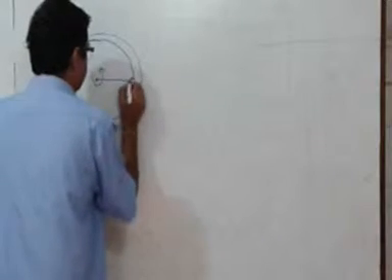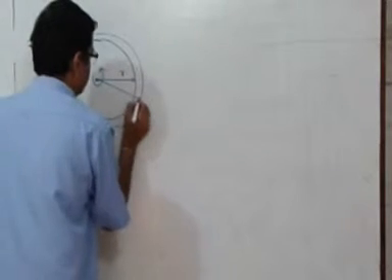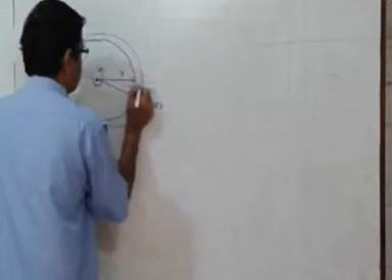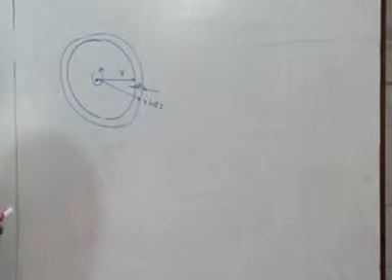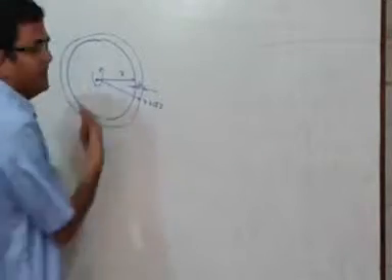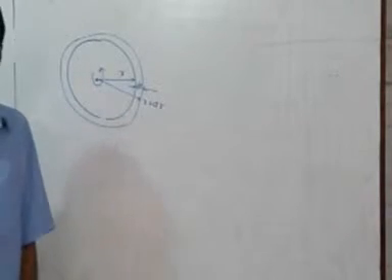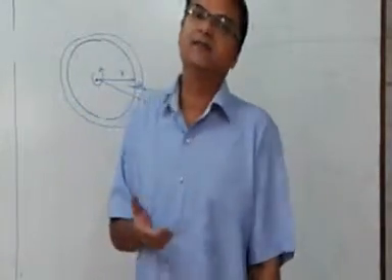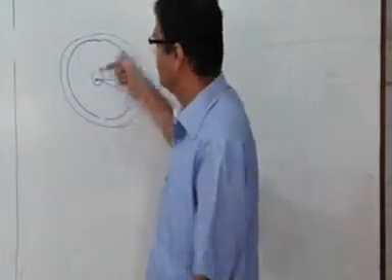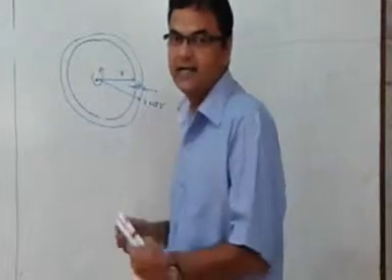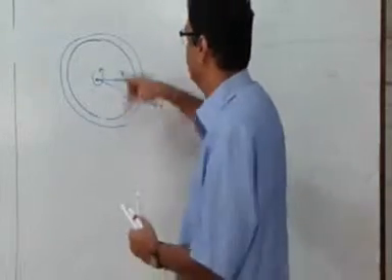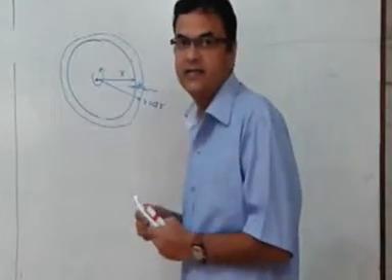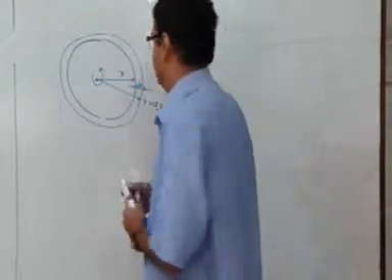Let us consider this as r, and let us consider this portion as r plus dr, where the thickness is dr. As you know, the fluid is rotating, it is performing circular motion, and as the fluid is performing circular motion, there has to be a centripetal force acting towards the center. As the centripetal force is acting towards the center, the outer layer of the fluid is pushing the inner layer. So there is a net force in the inward direction.